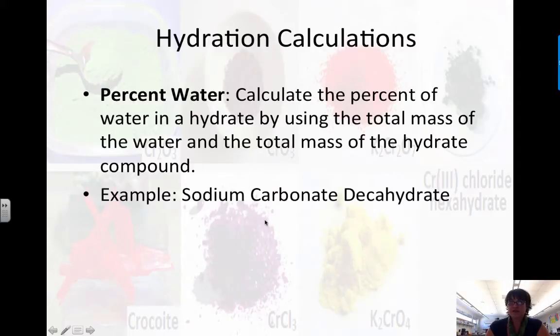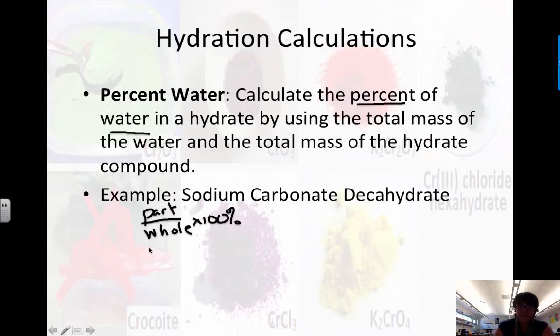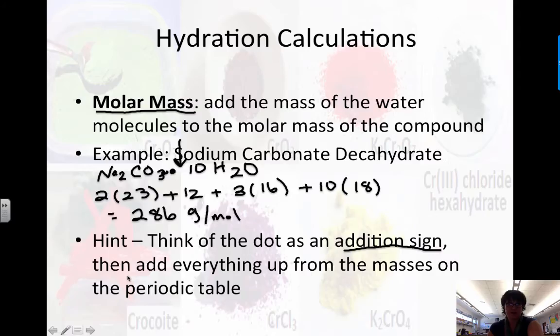To calculate the percent of water in a hydrate, we would do like we normally do in a percent. You take the part that you're interested in, divided by the whole entire amount, and then turn that decimal into a percent. So let's work on the sodium carbonate decahydrate. The part of sodium carbonate that is water is 10 times 18 because there's 10 waters there. The whole entire everything was 286, right?